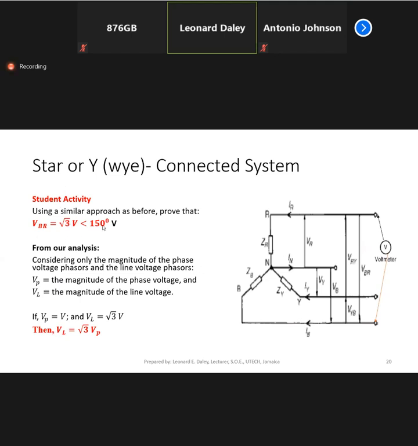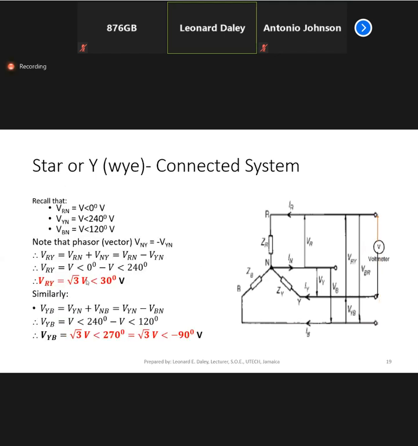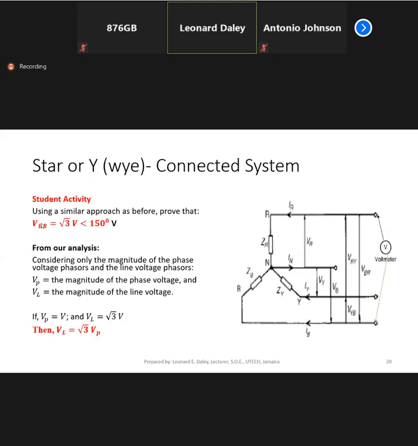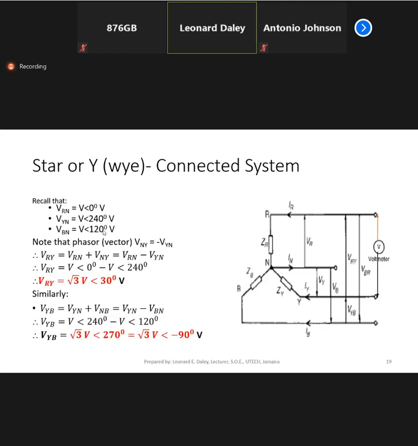The RY line would be at 30 degrees, the yellow-blue line would be 173.21 at angle 270, and the blue-red line would be 173.21 at angle 150. Hope I didn't confuse anybody a while ago.